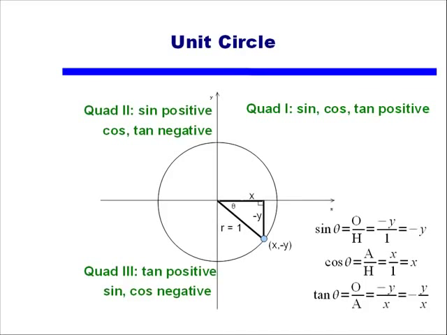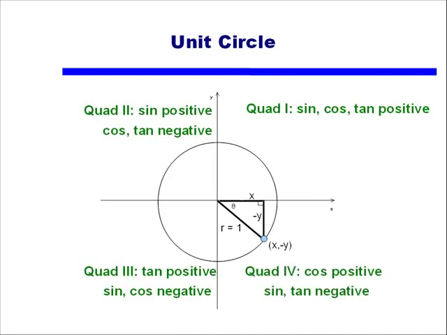Cosine is equal to the adjacent side over the hypotenuse, or positive x divided by 1, or positive x. Tangent theta is equal to opposite over adjacent, or negative y over x. So in quadrant 4, cosine is the positive trig function, and sine and tangent are negative.